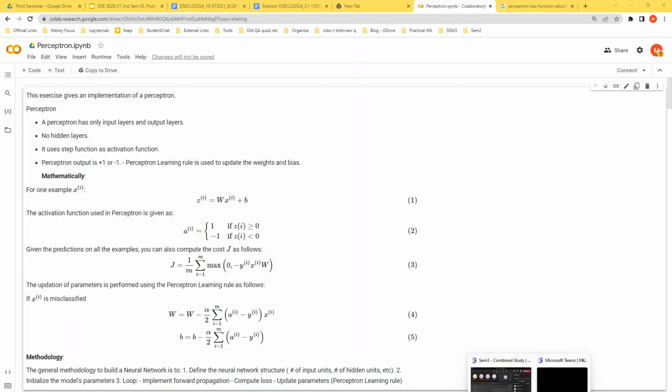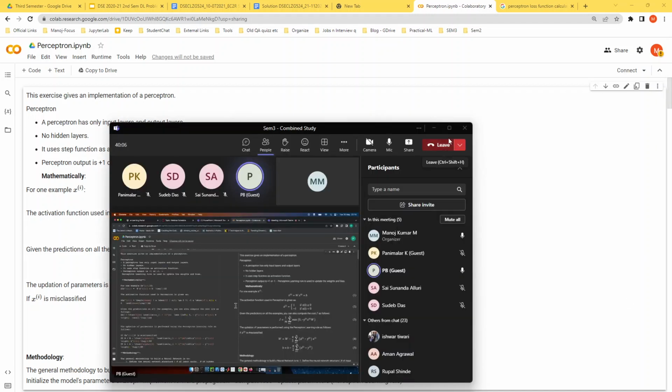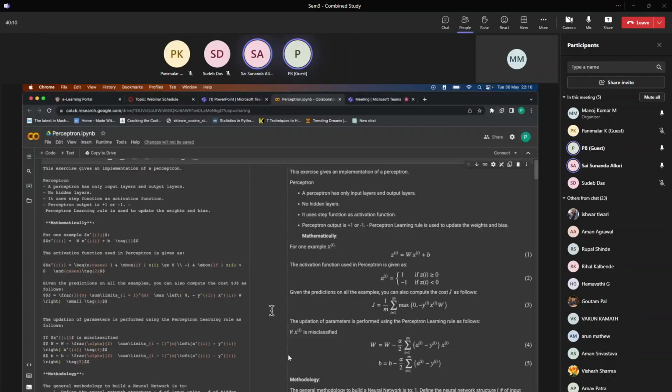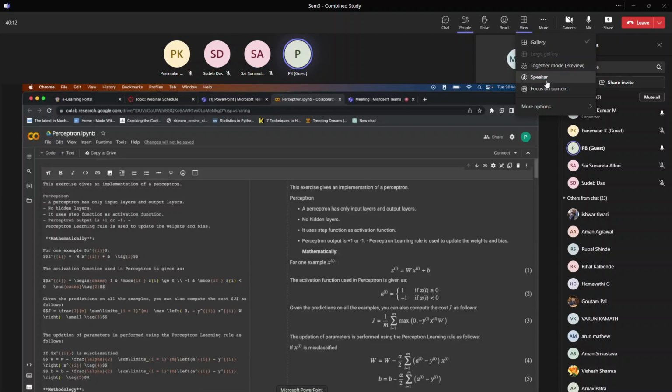No, this is mine, right? You can see a black screen where perceptron codes. Hello. Yes. Okay, this is very confusing. Let's, okay.